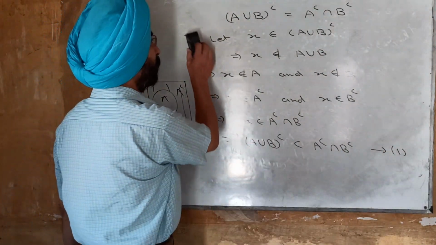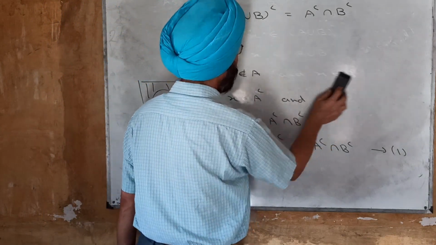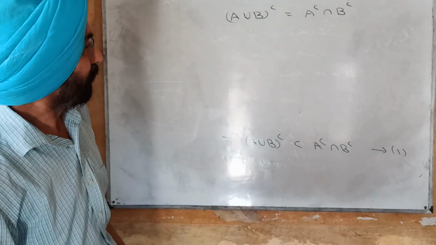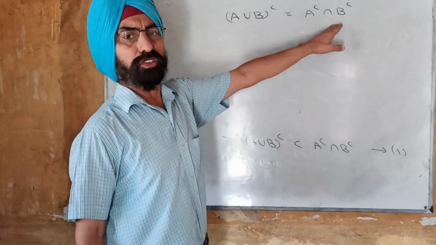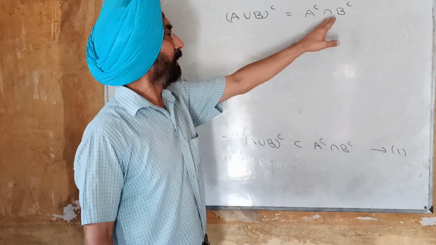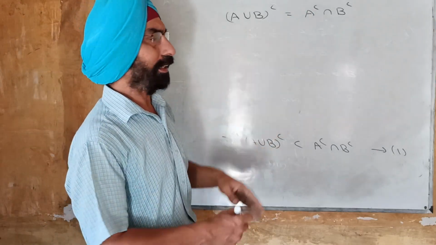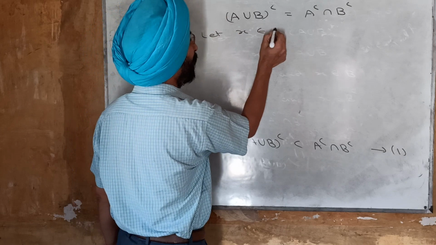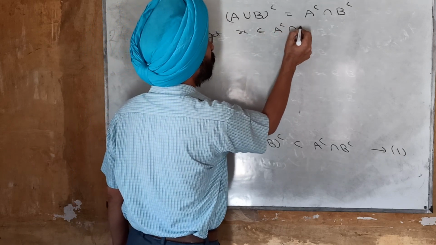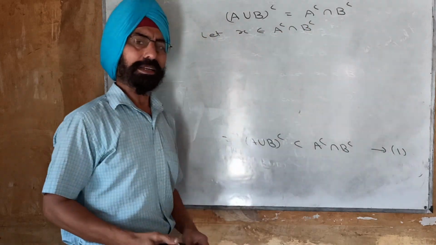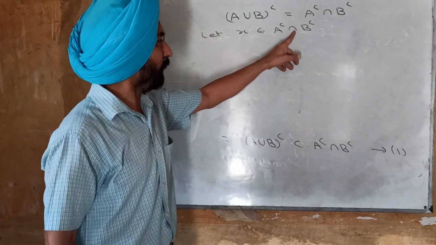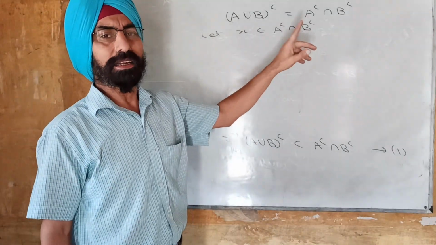Now I start again from the other side. What I will do now, I'll take one arbitrary element from here and will show that the element belongs to this set. So let X be an arbitrary element of A complement intersection B complement. X is an element of intersection of these two sets.